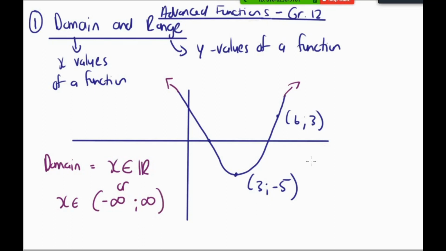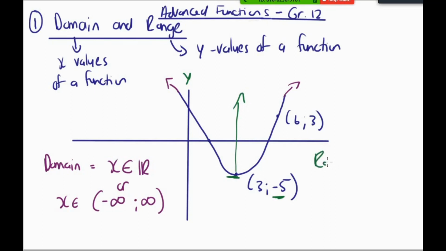When it comes to the range, it's your y values. So our range is basically going to be, it ends here if you think about it. If you think of this as your y-axis, your y value here is -5. So it means it's going all the way from here all the way up to infinity.